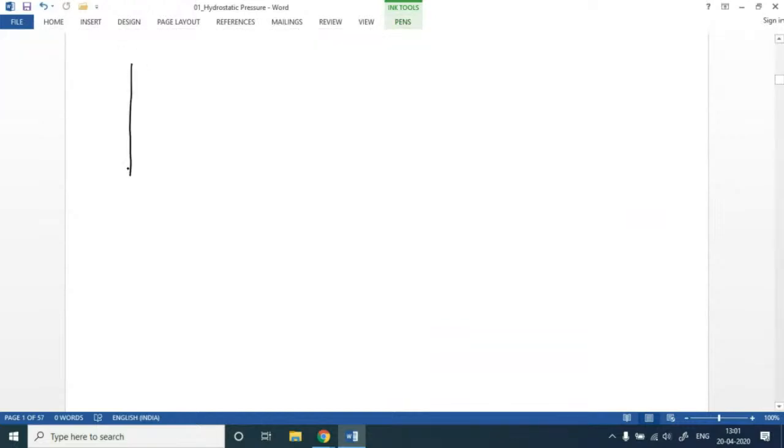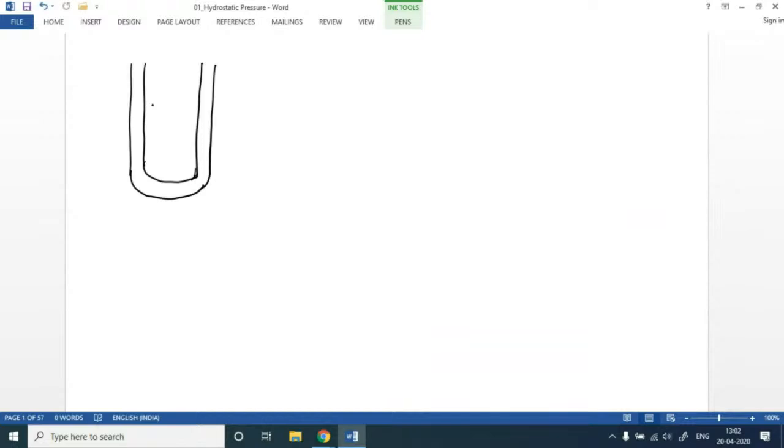Let's say this is some U-tube. If a liquid is filled in this U-tube, the level or length of the liquid column in each limb is going to be the same, because from both sides the atmospheric pressure would be pressing it.